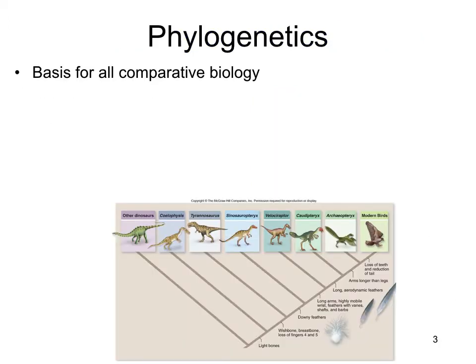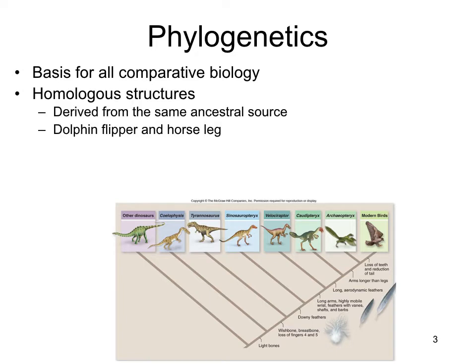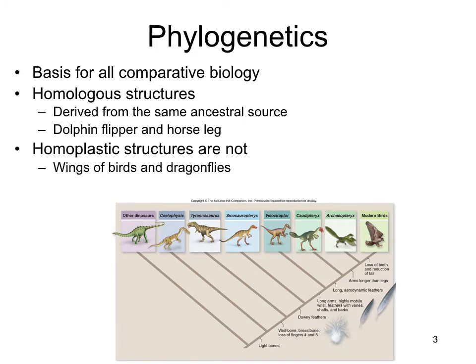Okay, so we've talked about phylogenies, and that this is an important idea for comparative biology. Looking at homologous structures derived from the same ancestral source, you can identify organisms that are related. It's important to weed out structures that are analogous or homoplastic.